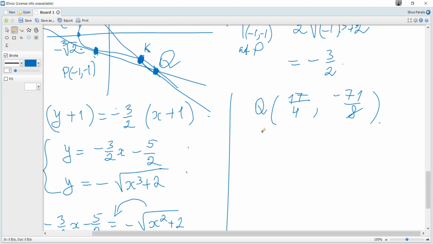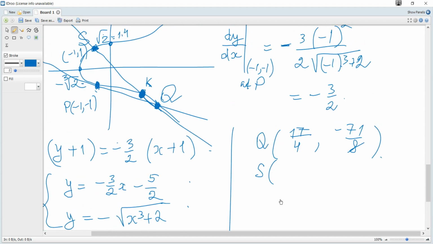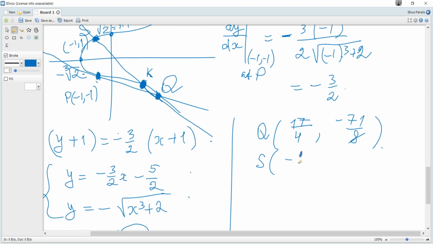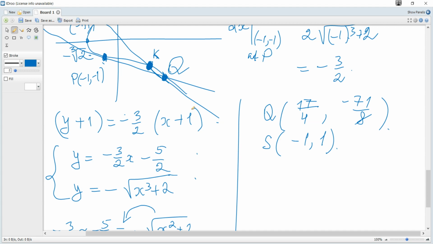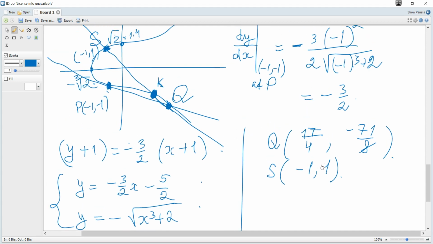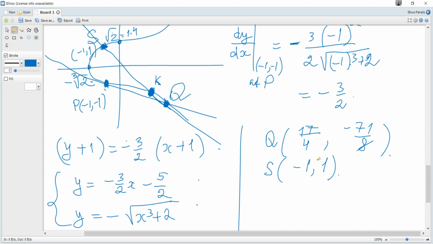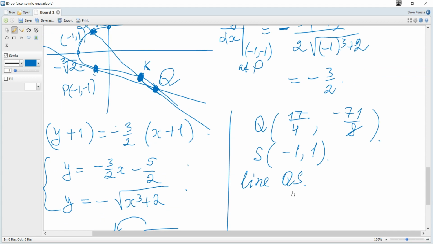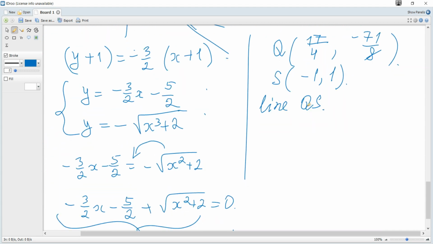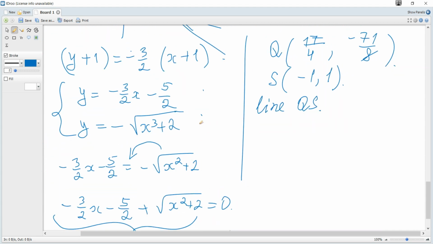So we need to find the coordinates of point K, and it is given coordinates of S, -1 and 1. And how to find the point of intersection? Actually, point of intersection of what? It's of the line QS through Q and S, and the curve.